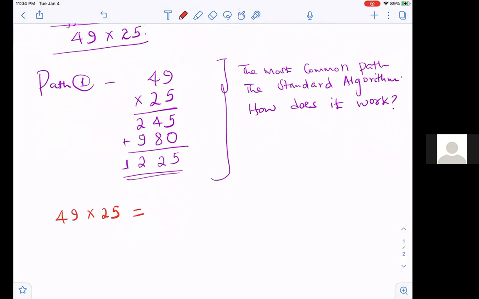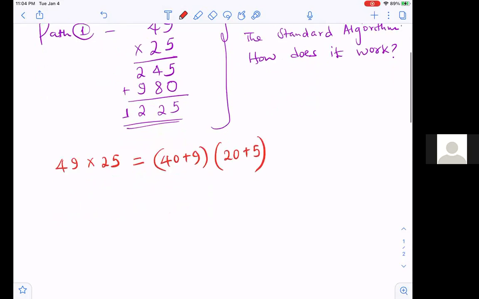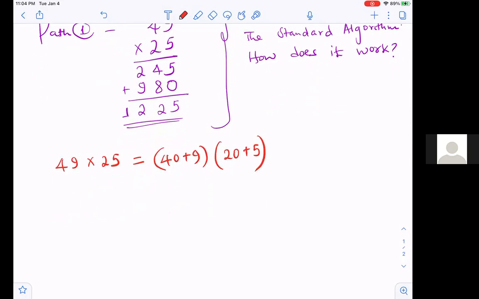49 can be decomposed to 40 plus 9 multiplied by 20 plus 5. When we unpack 49 to read as 9 ones and 4 tens, which is 40, we actually emphasize the role of place value in the respective digits.